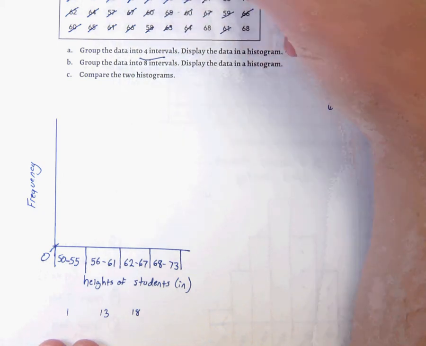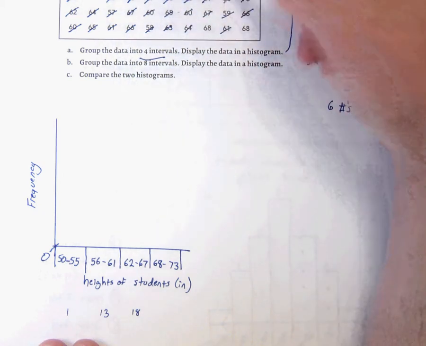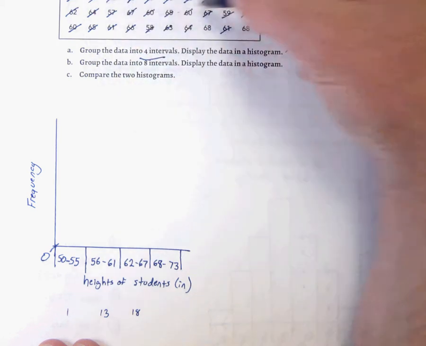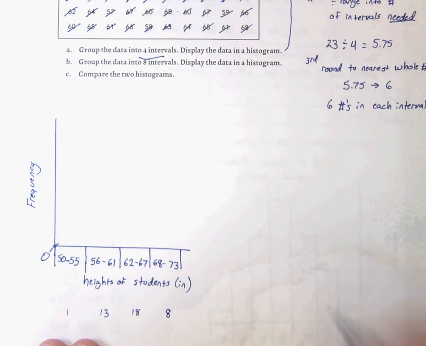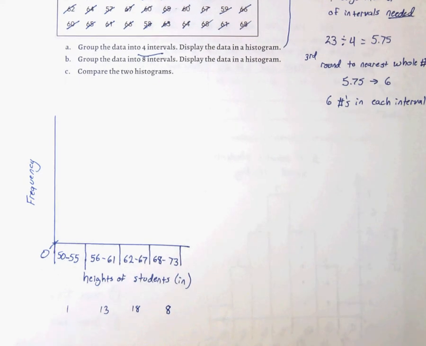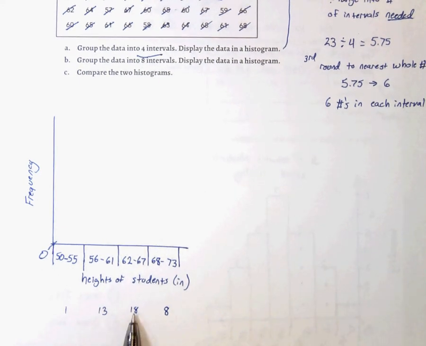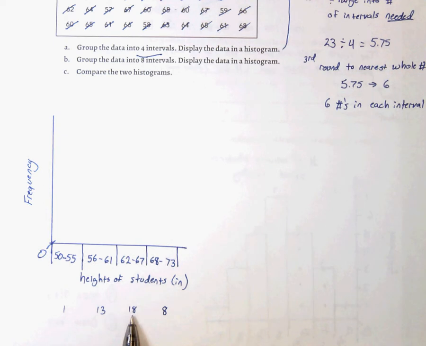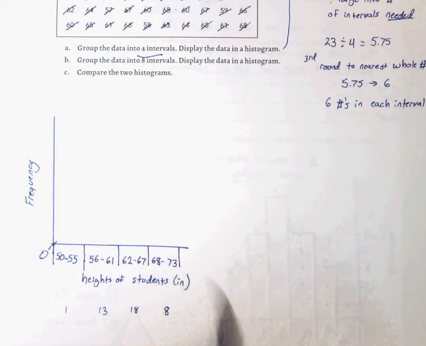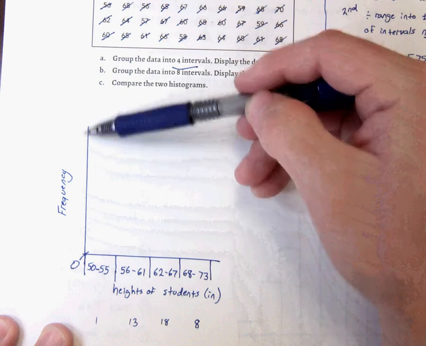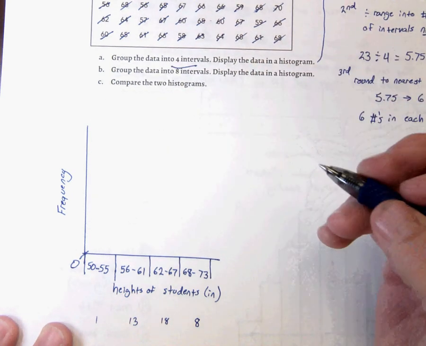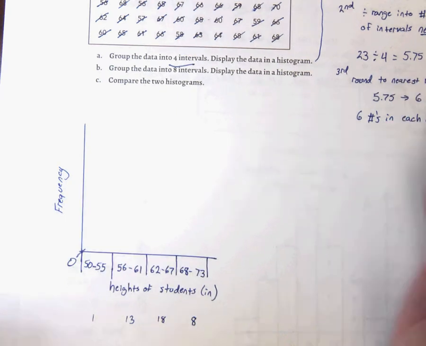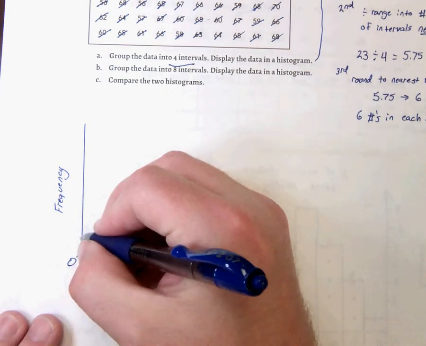So, my highest frequency is 18, meaning I need my y-axis to go up to 18. So, we're going to count by threes: 3, 6, 9, 12, 15, 18.